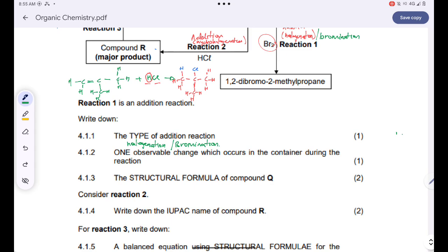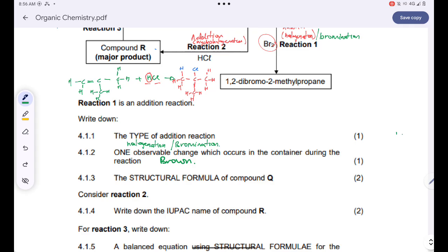Okay, write down one observable change which occurs in the container during the reaction. There will be a color change. The reaction container will change into a brown color.